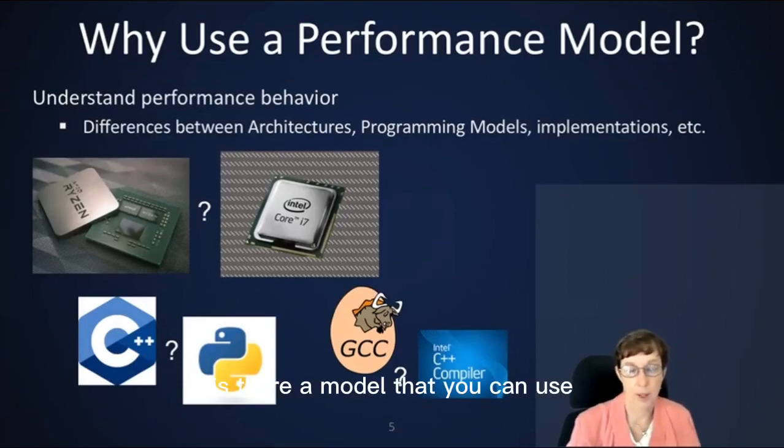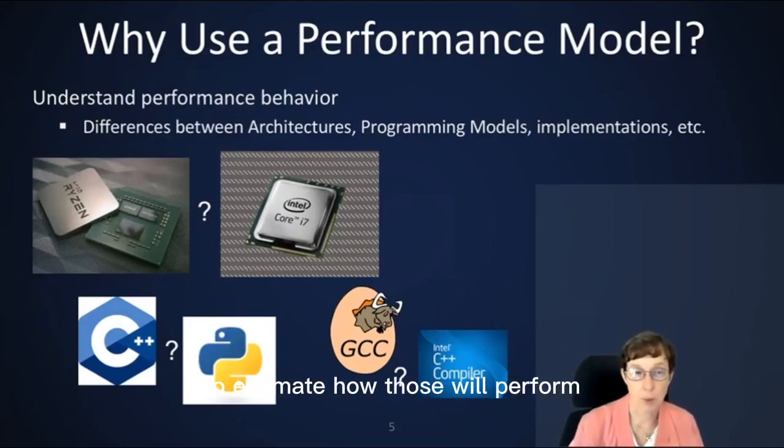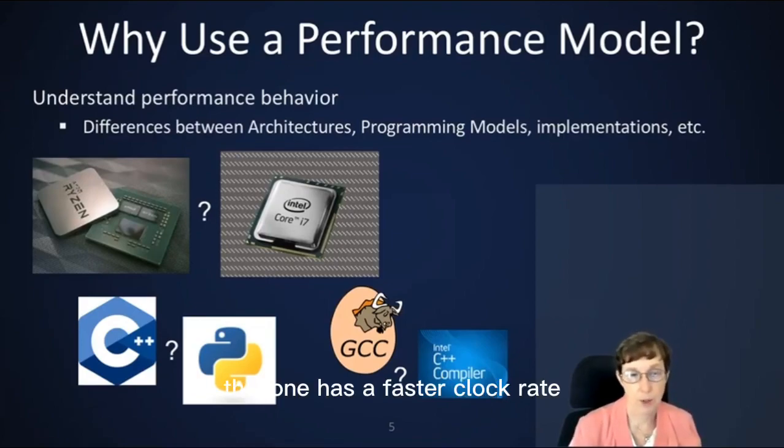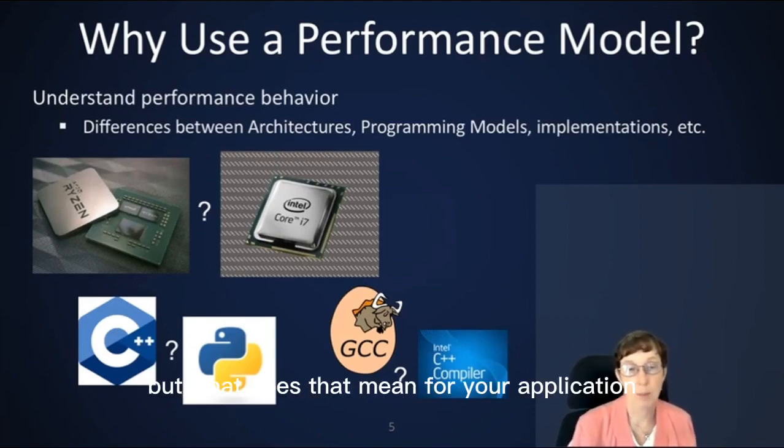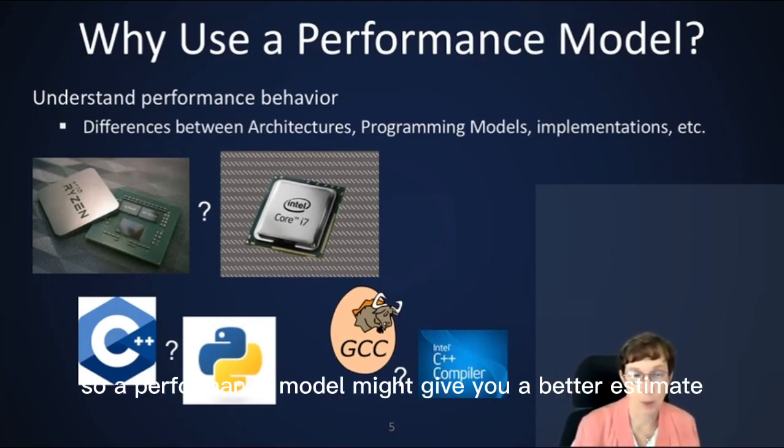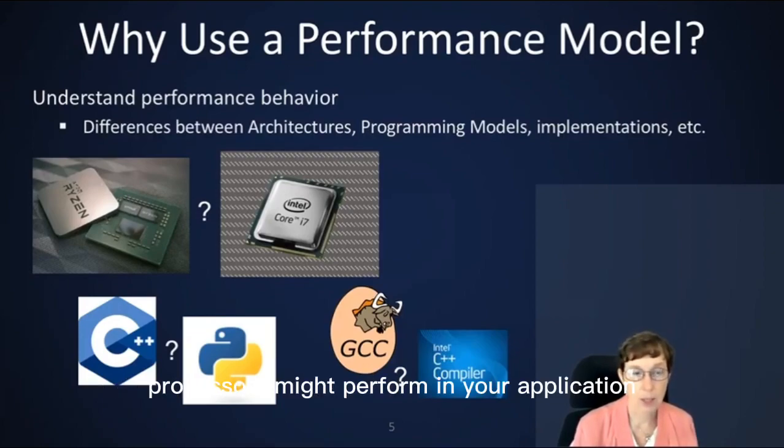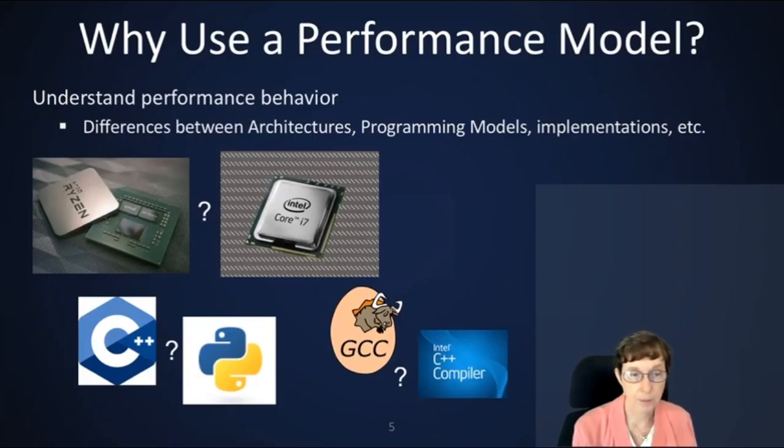Is there a model that you can use to estimate how those will perform? Well, you can look at the hardware specs and you can say, oh, this one has a faster clock rate, this one has a wider vector unit, but what does that mean for your application? So a performance model might give you a better estimate of how those two processors might perform in your application.